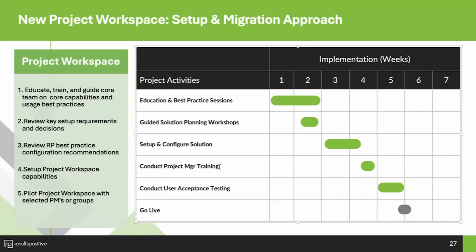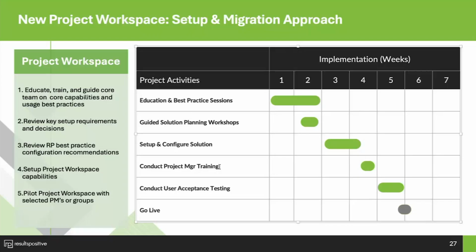The good news is that based on the current release timeline, the project manager could choose to start using the new project workspace versus the classic, and they could toggle between the two. We have been able to turn off certain capabilities now.